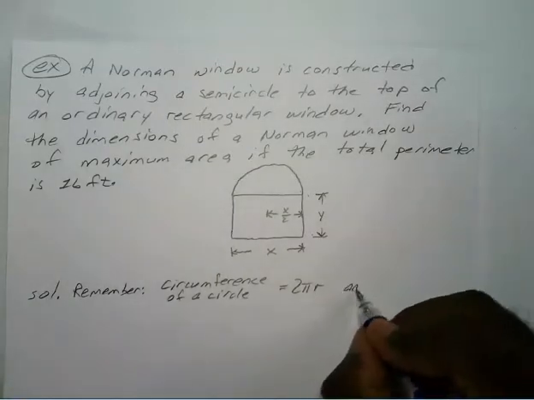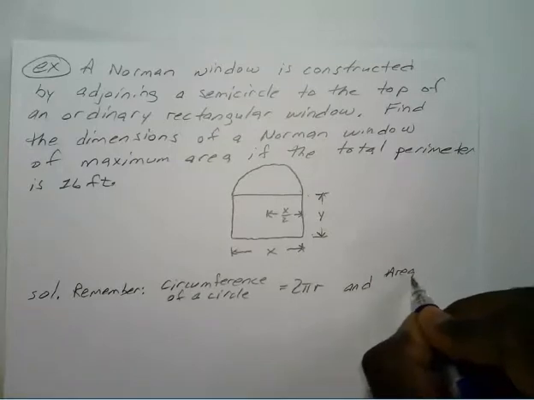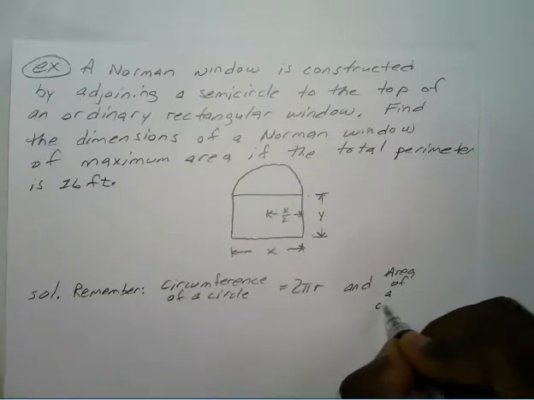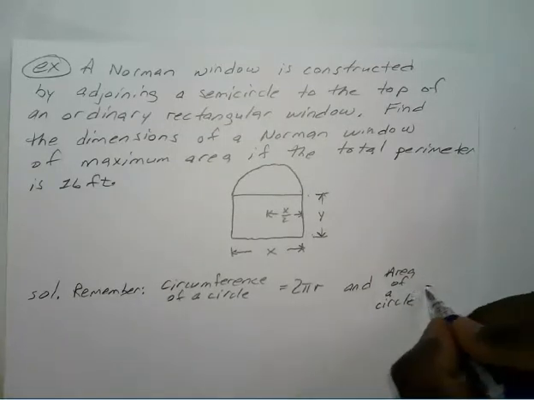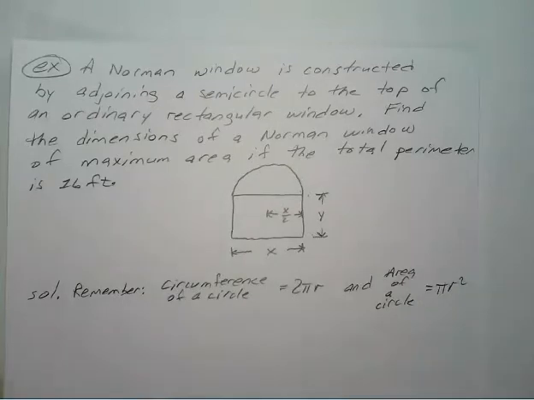And the area of a circle is pi radius squared. Okay, so those are the old equations from geometry and trigonometry days that are all coming back.